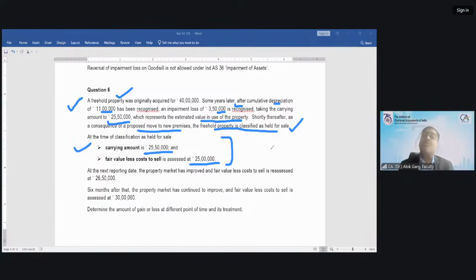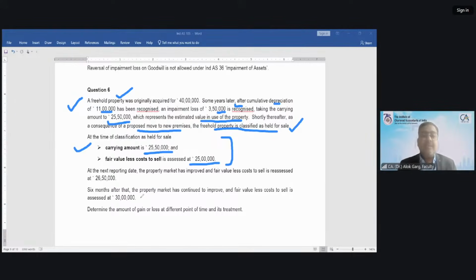So what is the total cumulative impairment loss on this property? It's 4 lakhs, because existing impairment loss is 3 lakh 50,000. On conversion it is 50,000. Totally 4 lakhs. 350 is on Ind AS 16. 50,000 is on Ind AS 105.